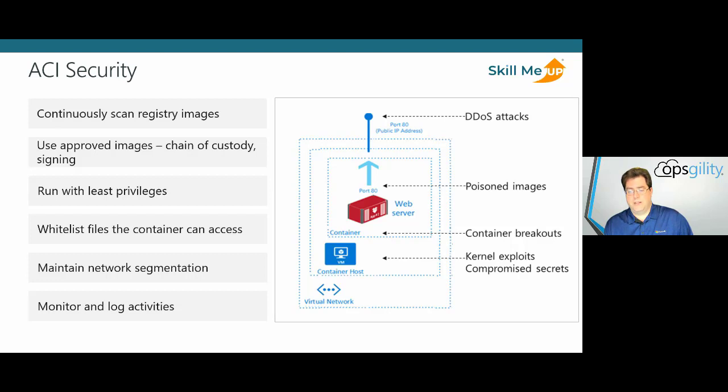Whitelist files that the container can access, so make sure you're whitelisting where the containers need to access, and that potentially avoids the need for those elevated privileges. Maintain your network segmentation. Don't go across different networks that you don't have to, and then again, constant monitoring and logging of different activities and looking for anomalies is always important.